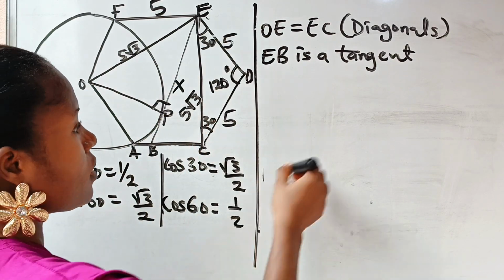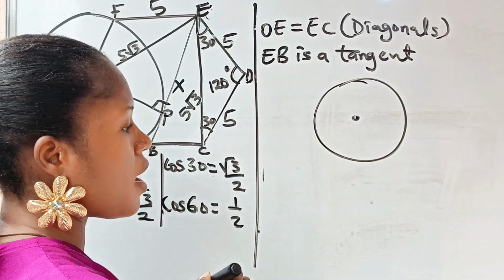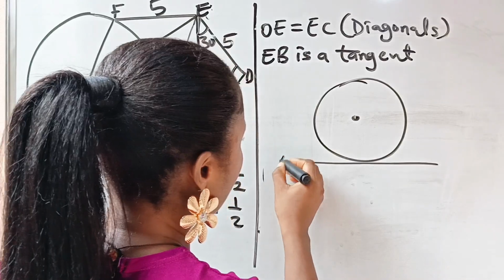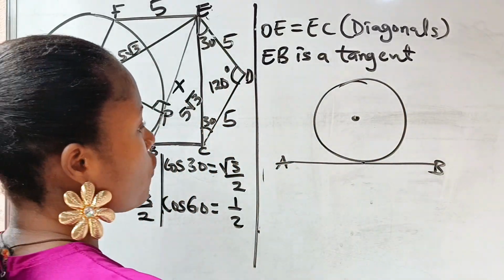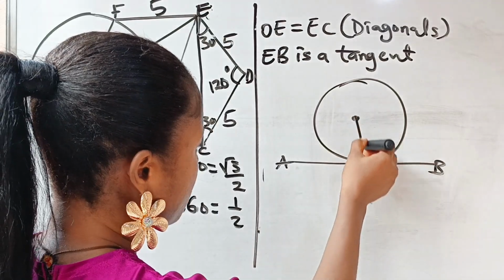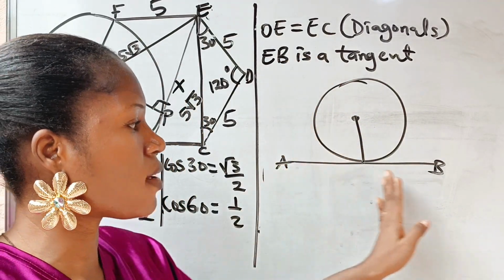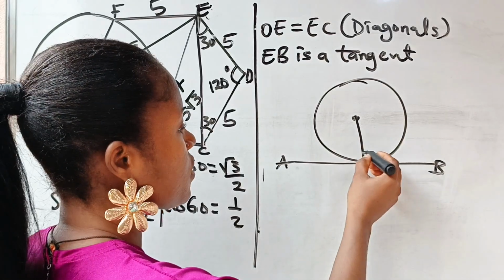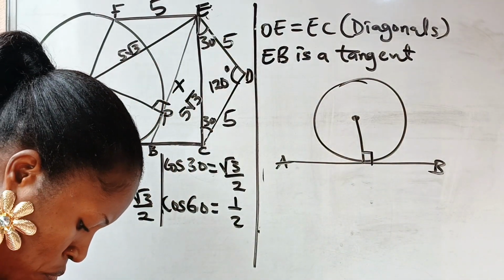Yes, remember that in a circle of center O, if a tangent AB touches the circle at just one point, and you draw a straight line from the center to the point of contact between the circle and the tangent, 90 degrees is formed. So this is where this 90 degrees is coming from.